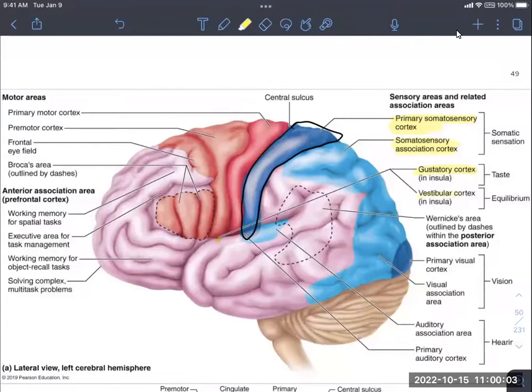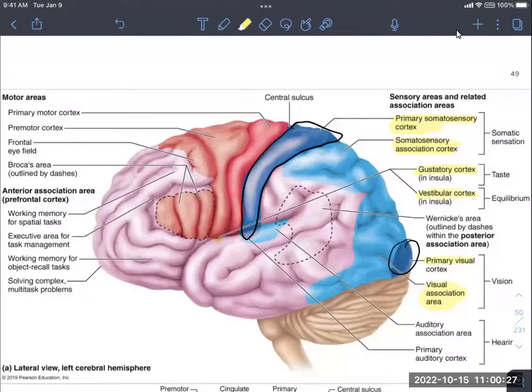We have that vestibular cortex, which is also in that insula that allows you to know where you are in space with balance. Primary visual cortex, it's at that posterior tip of that occipital lobe where we talked about. Then our visual association area, that surrounds that primary visual cortex.